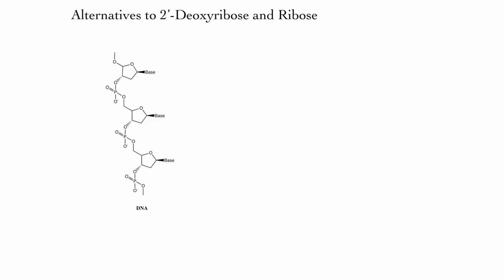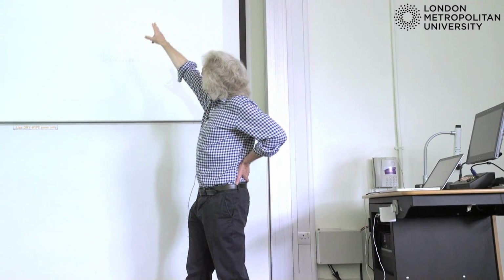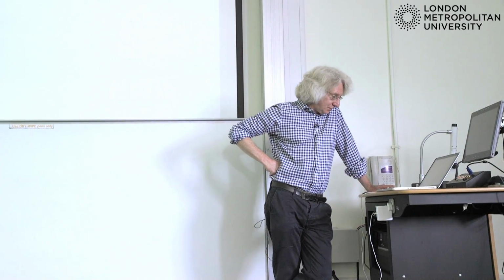This is a glycerol nucleic acid. It's like an open chain version of ribose or deoxyribose. It's the same number of backbone bonds and the same distance from the base to the backbone.